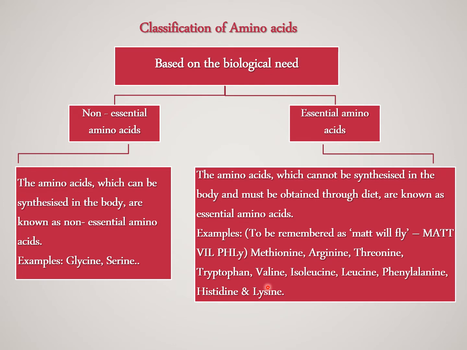How could you obtain these essential amino acids then? As I told you, it should be taken through our diet. So what should be consumed by us? It could be obtained from milk, meat, fish, eggs, beans, pulses. All of them provide the essential amino acids.